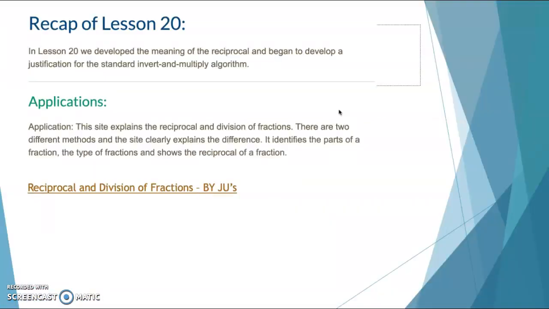Now, I put the recap up front because some of you, college students, and some of your children and students in the future may find it helpful to use the application tools before and after reviewing the lesson. So let's take a look together at this website.